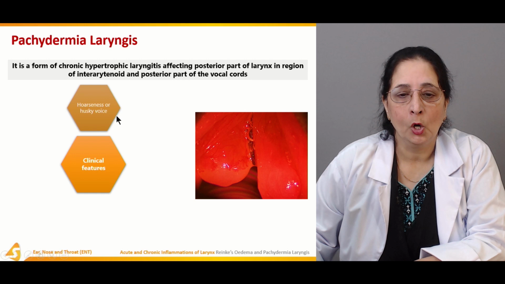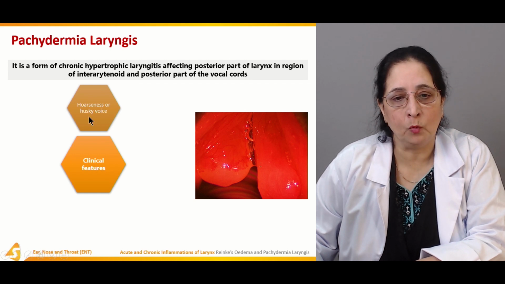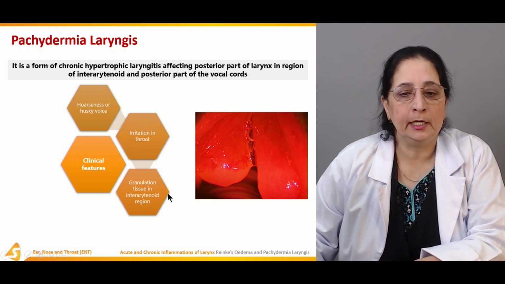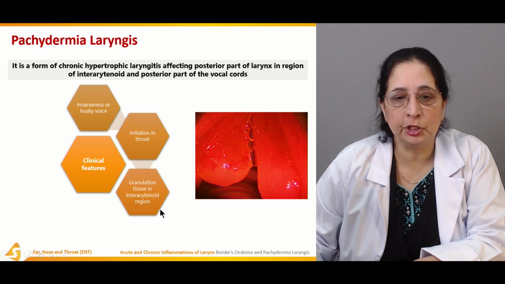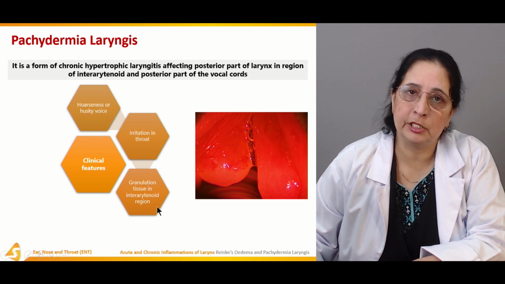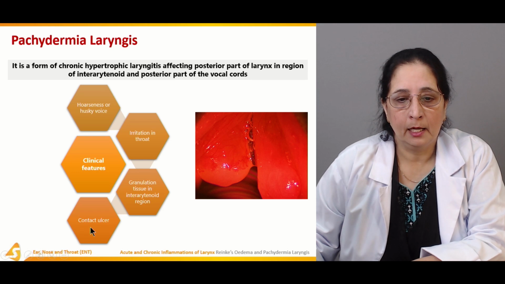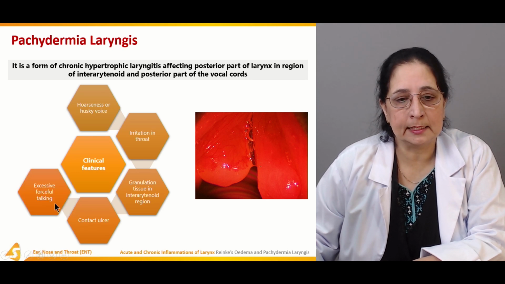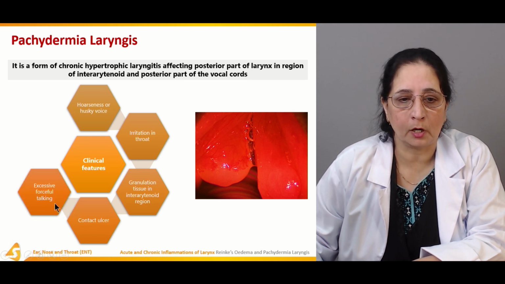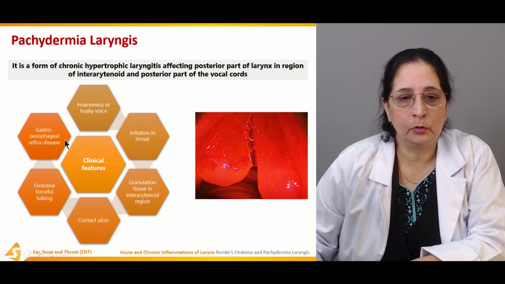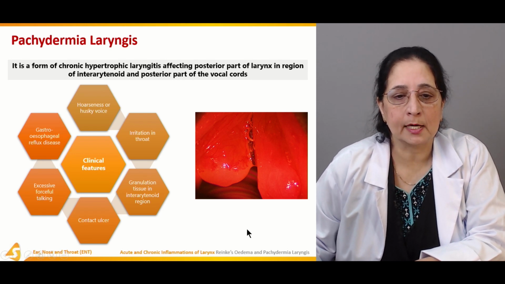Clinical features: hoarseness or husky voice, irritation in the throat, granulation tissue in the interarytenoid region, contact ulcers, excessive forceful talking, and gastroesophageal reflux disease.